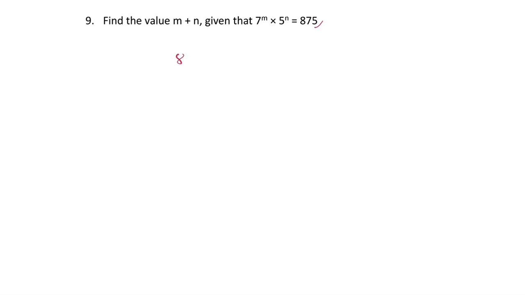Then 875 equals 7 power 1 times 5 power 3. Then equating this to our equation, we are going to have 7 power m times 5 power n equals 7 power 1 times 5 power 3.